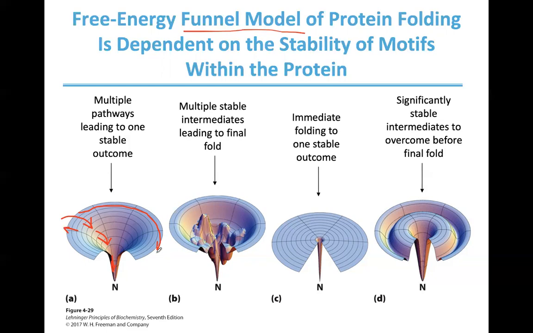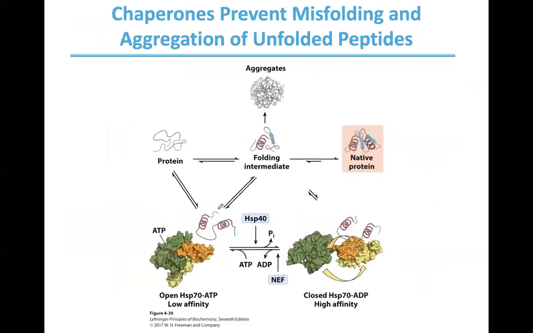Okay, it's good. Maybe let me make one more step towards the center of the funnel. Not good. Let me get out and go to a different funnel, right? So you can look at this slide. Makes very good sense to me.